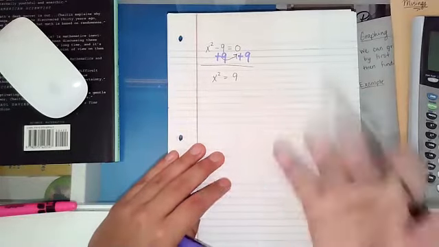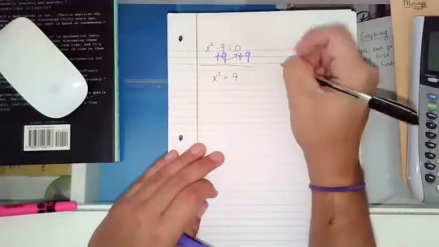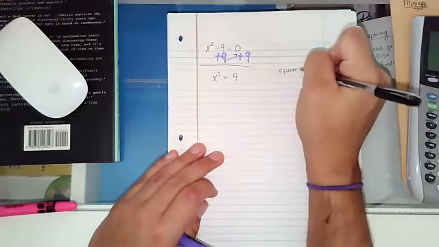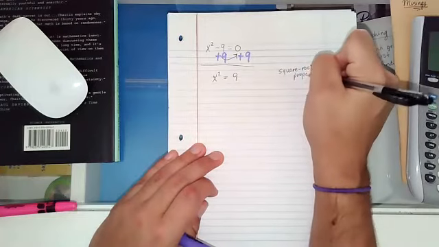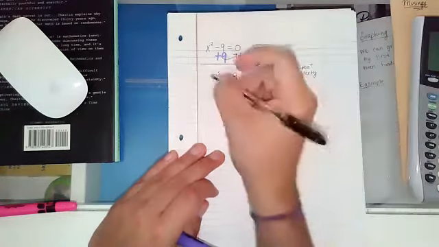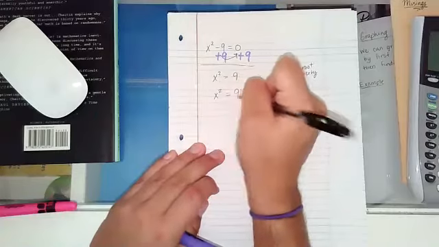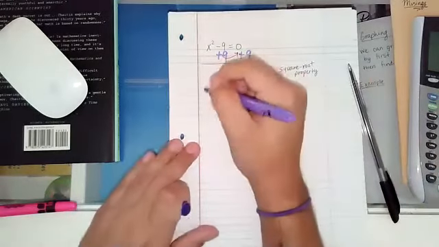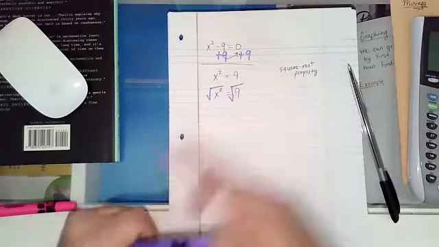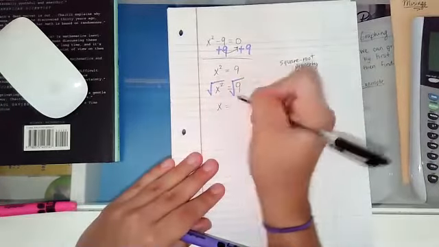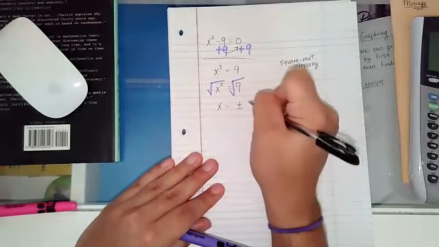Well, we want to get x by itself. So the square root property is going to be super convenient here, because the square root property just says take your equation and take the square root of both sides. So if we take the square root of that side and that side, we get x is equal to plus or minus 3.